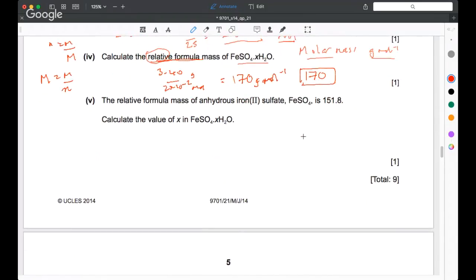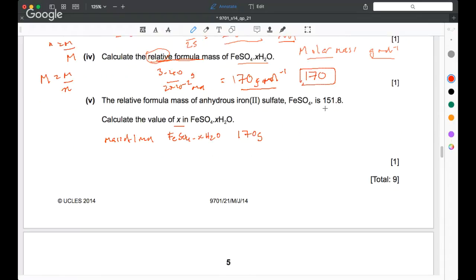Now, we've got that. We've just got to calculate the value of X. Well, we know that the mass of 1 mole of this compound, we've just calculated, is 170 grams. The molar mass was the number of grams per mole. So the mass of 1 mole of this is 170 grams.